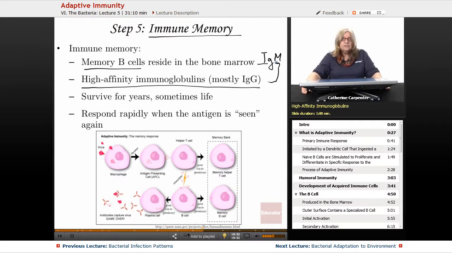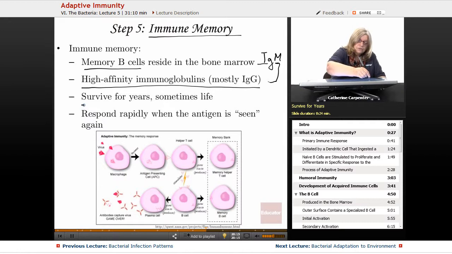Often it takes days, weeks, and in the case of HIV, up to 6 months to actually have the presence of antibodies. So once you've been exposed to a particular pathogen and you have memory B cells, the length of time it takes to get activated is much shorter.